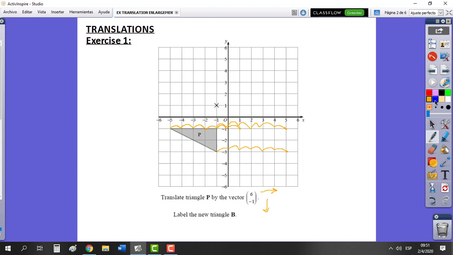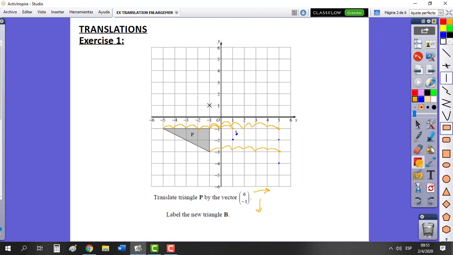So the new vertices will be, this one will be 1 down, 1 down, and 1 down. This you can do at the same time. You could do 3 and 1, 6 and 1, 6 and 1, 6 and 1. In this opportunity I did it separately, but it's exactly the same.